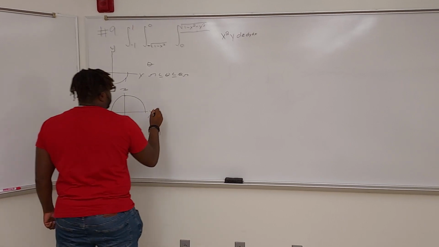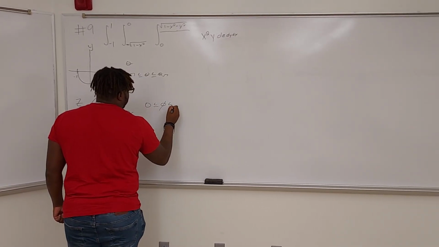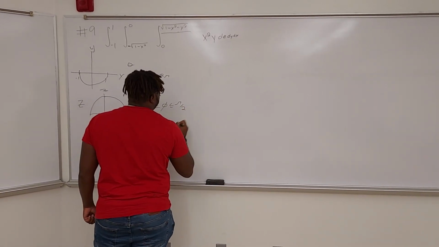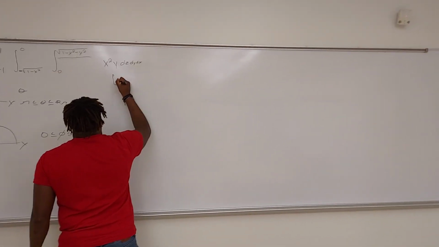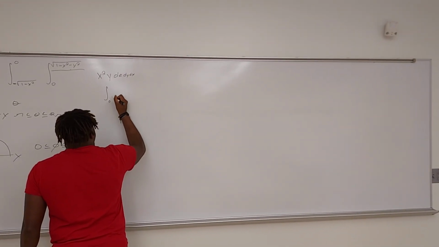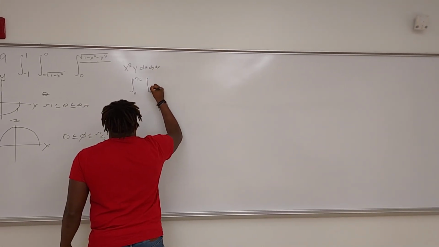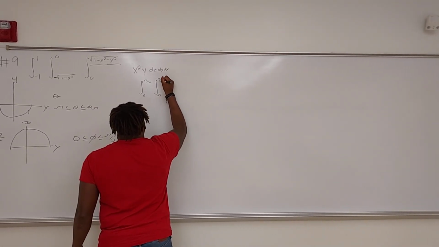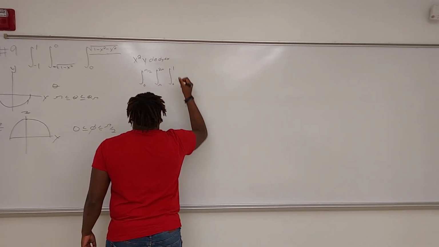So this will be 0 to pi over 2. Yeah, cool. So now our new bounds are 0 to pi over 2, and then pi to 2 pi, then 0 to 1.